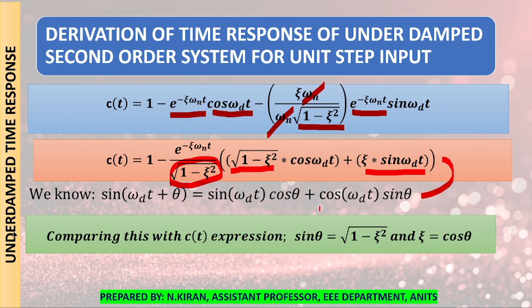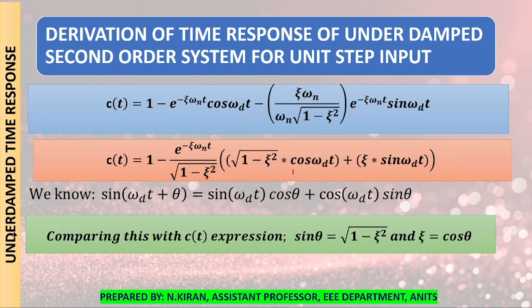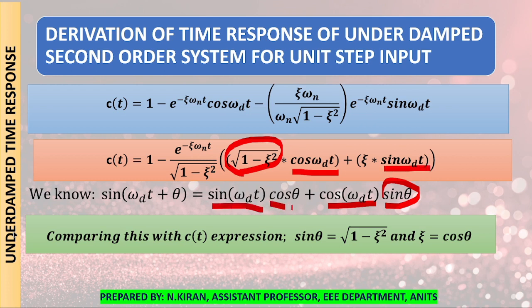Since here I have cos omega d t, and there also I have cos omega d t, therefore sine theta is equal to root over 1 minus zeta square. Here I have the sine omega d t term, and there also I have sine omega d t, so obviously cos theta will be nothing but zeta.